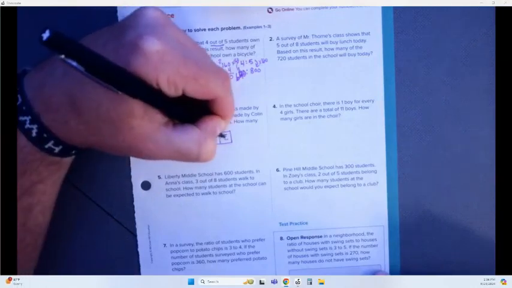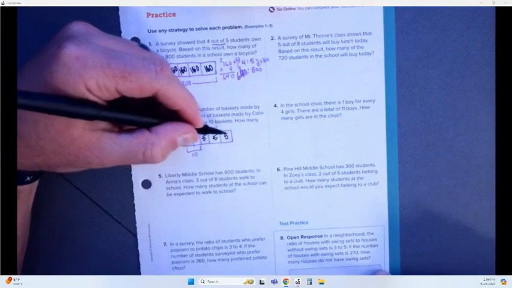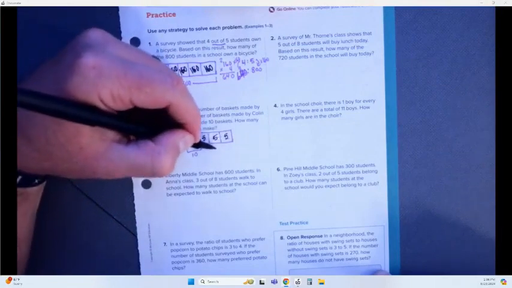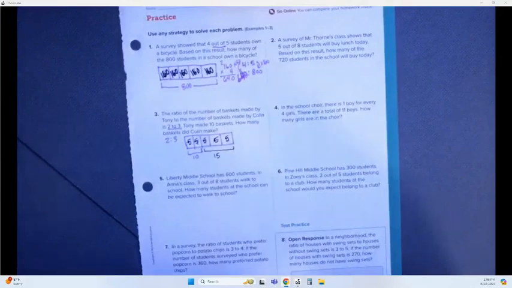So now that we know each box is 5, we can see that 5, 10, 15 are the amount of baskets that Colin made.